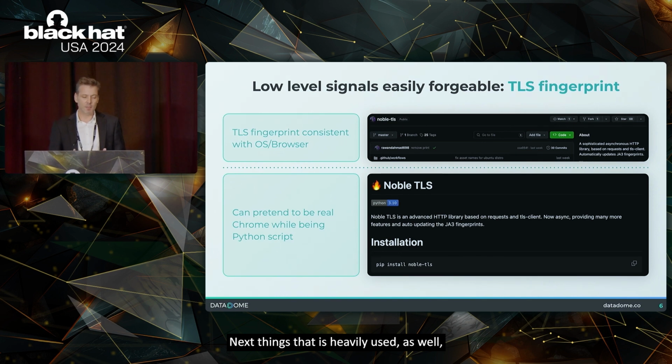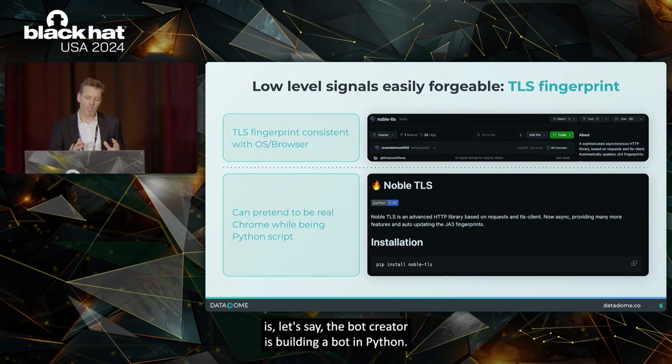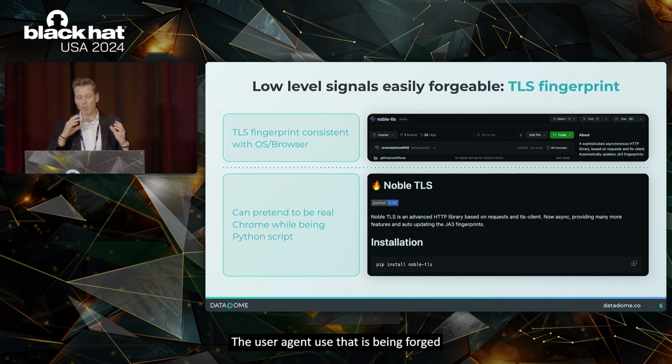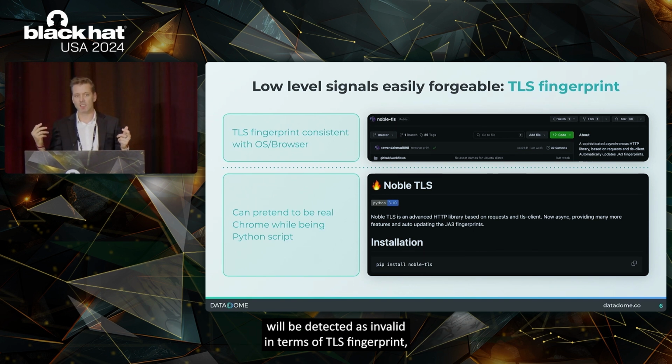The next thing that is heavily used as well is, let's say, the bot creator is building a bot in Python. The user agent that is being forged will be detected as invalid in terms of TLS fingerprint. So libraries such as Noble TLS will allow the bot creator to have a matching user agent and TLS fingerprint.